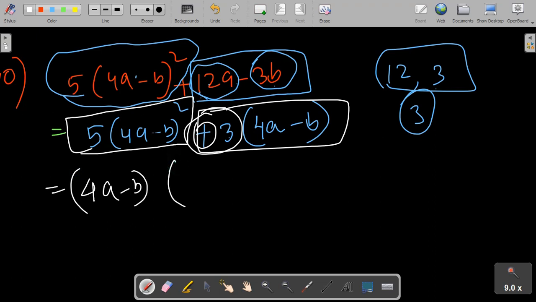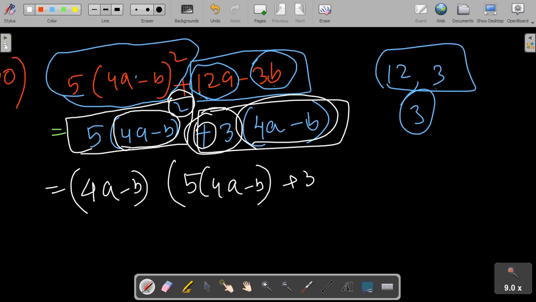Then what would be left from the first term? From the first term 5 is left, and a single 4a minus b will be left, because here was square, but 1 I have taken common, so 1 will still be left inside. From the second term, only plus 3 will be left, because 1 is already sitting outside.